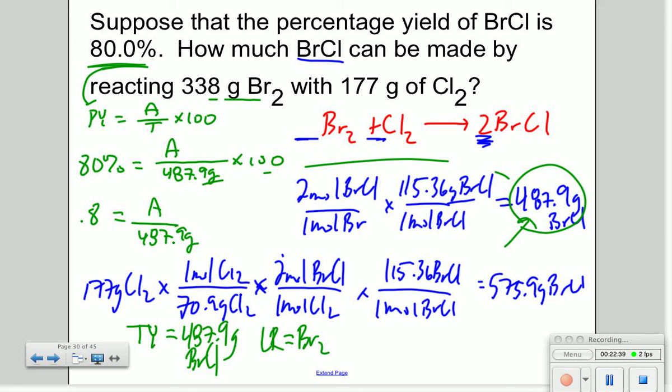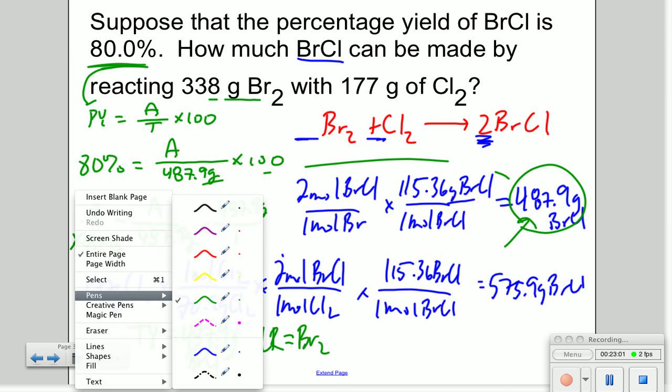Well, to get rid of that, I multiply by the reciprocal. So 0.8 times 487.9, my actual, and I'll put it in a different pen color. Oh man, I am just running out of space here.